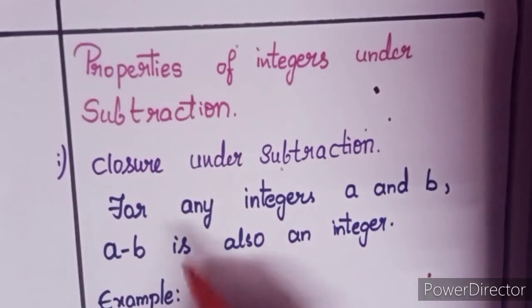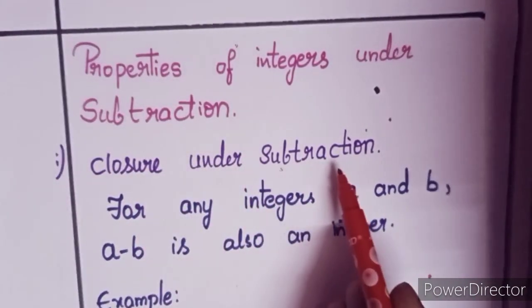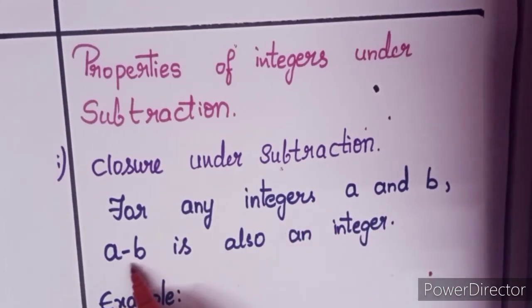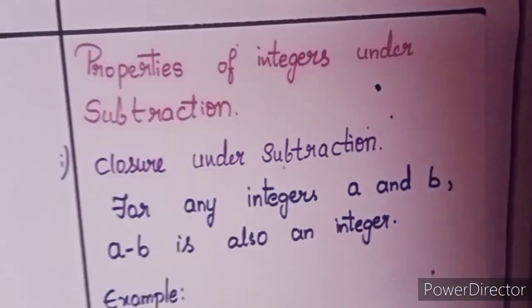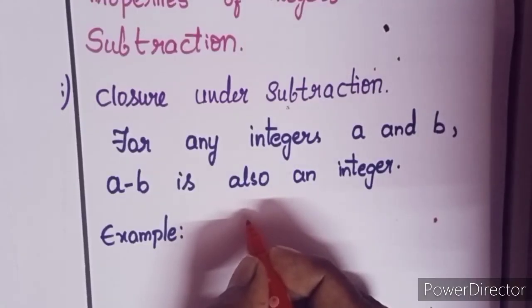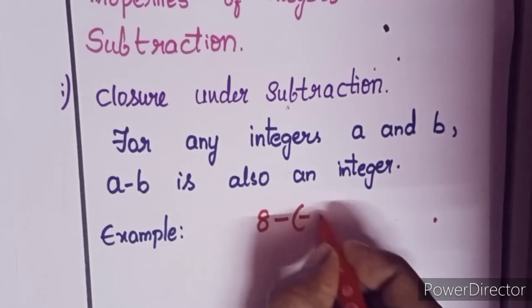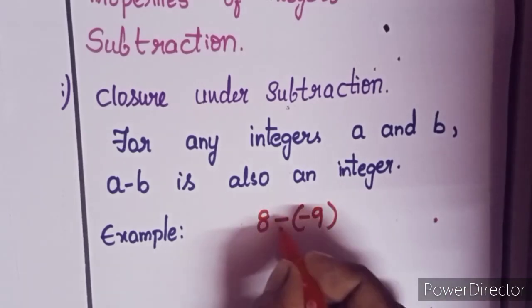Properties of integers under subtraction. Closure under subtraction. For any integers a and b, a minus b is also an integer. For example, children, a minus b. Suppose we take 8 minus of 9.